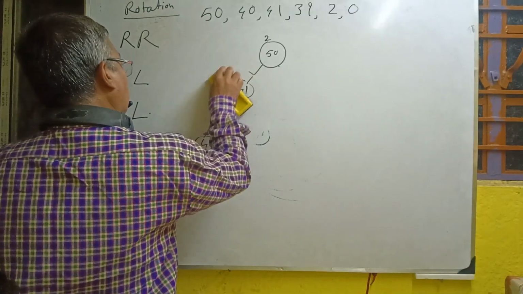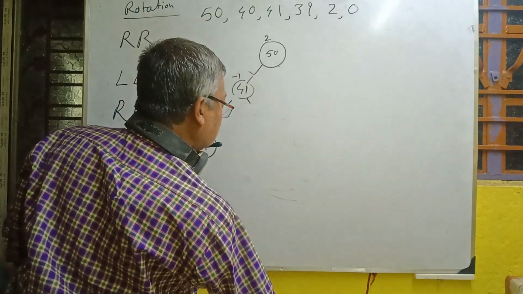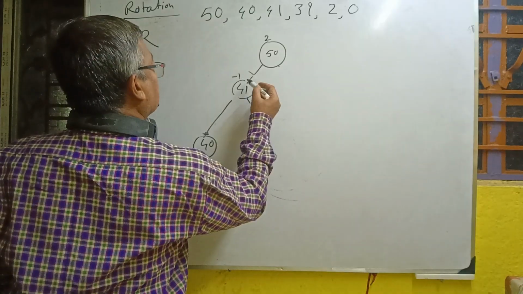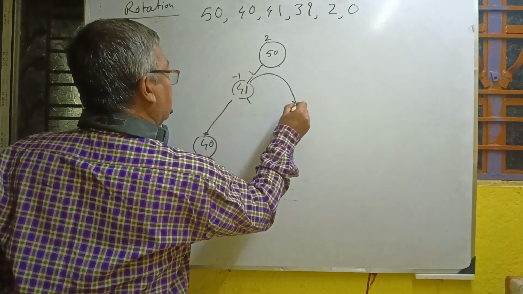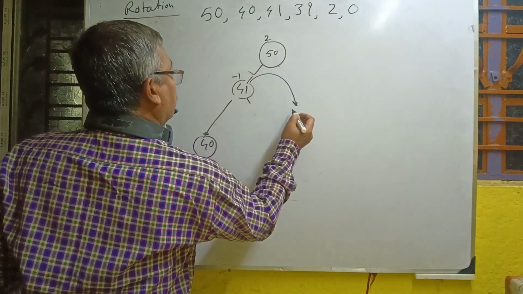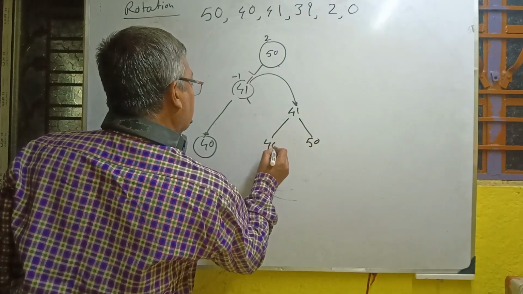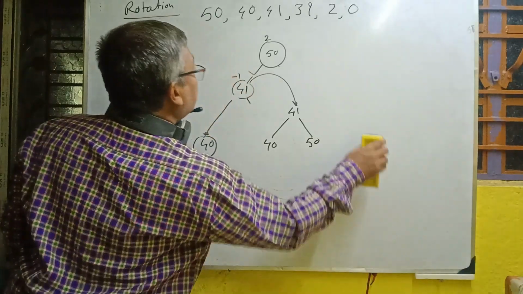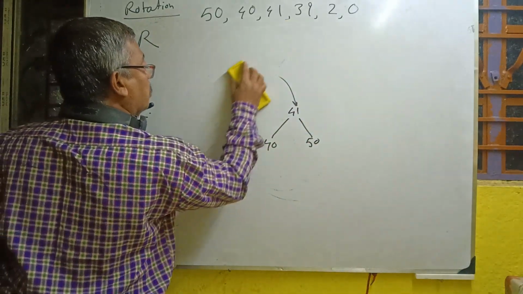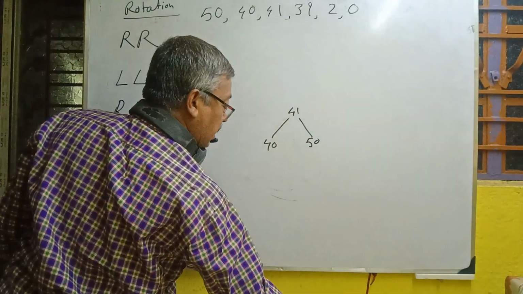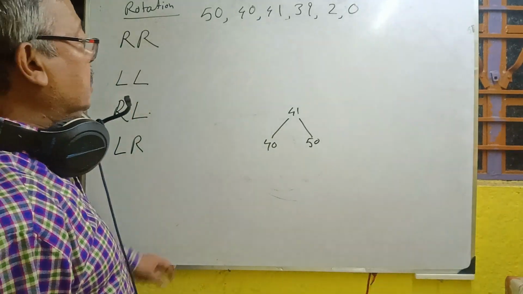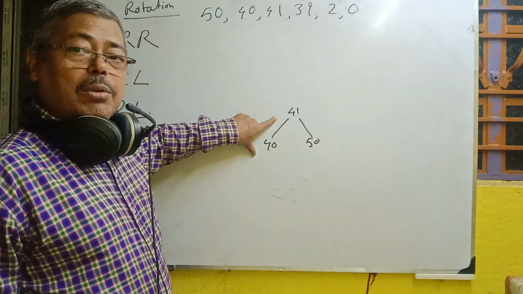After one rotation, this is the value. Next rotation, 41 will take the middle position, center position, with right child 50 and left child 40. So after inserting only three values, we have shown this is the figure of an AVL tree.